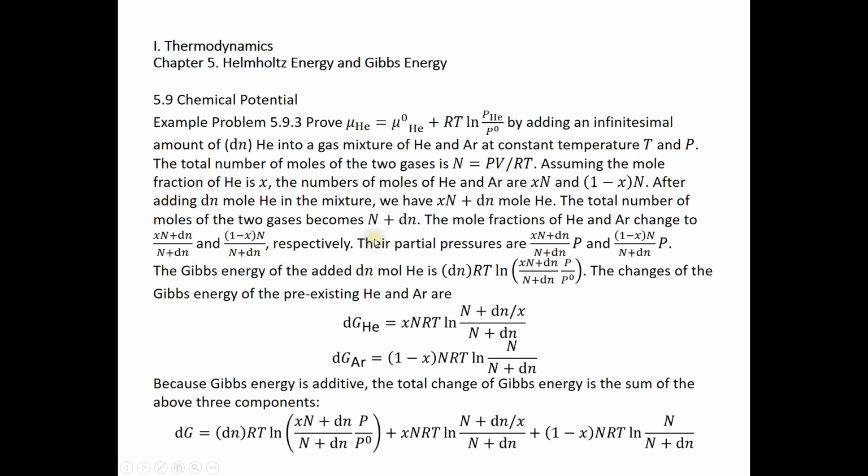There are three components. We'll calculate the Gibbs energy of the added helium and the changes of the two pre-existing gases. So first, the Gibbs energy of the added helium is this amount of helium, added helium, dn times RT times the logarithm of the pressure of this helium over P naught.